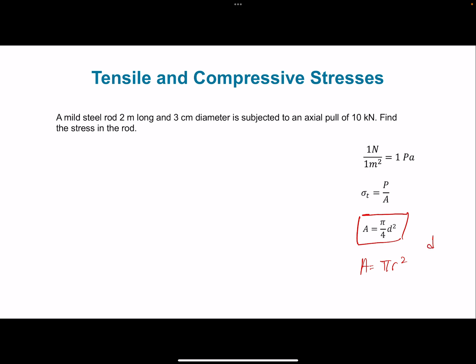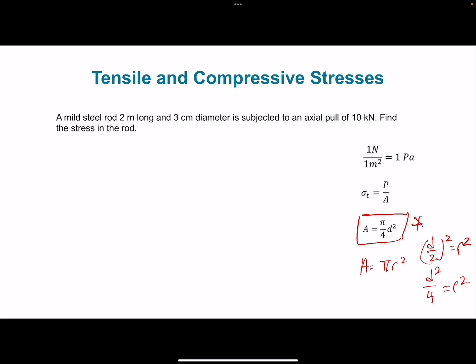So, right, d over 2 squared equals r squared. So that gives us d squared over 4. And that's where this equation here comes from, that pi over 4 d squared. And it says a mild steel rod, 2 meters long and 3 centimeters in diameter, is subjected to an axial pull of 10 kilonewtons. Find the stress in the rod.